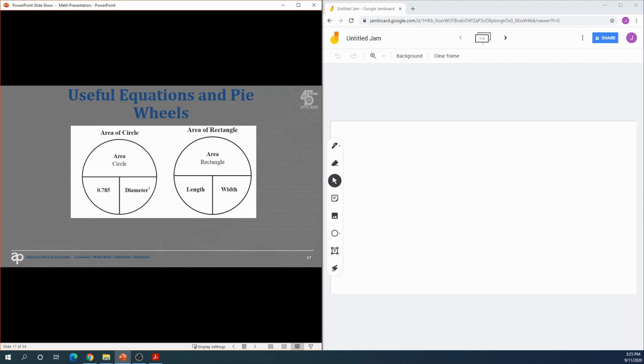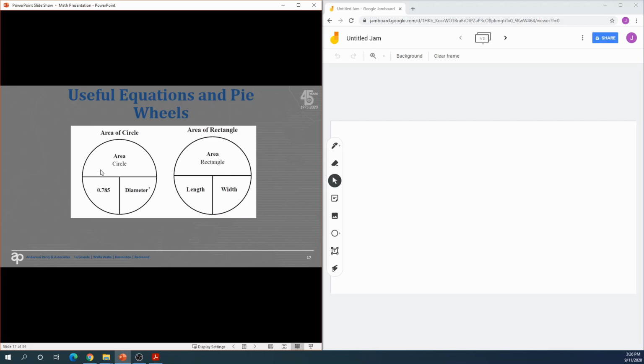So one of the useful methods is what are called pie wheels. So let's look at area of a circle. The way the pie wheel works is you have area of the circle on top, and the area is going to equal 0.785 times the diameter squared.